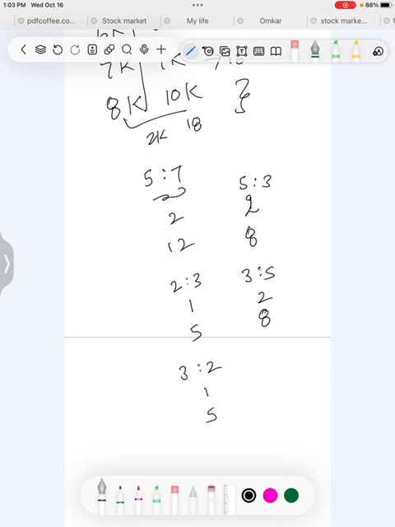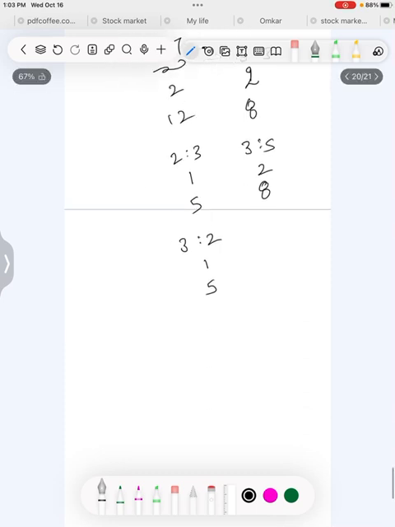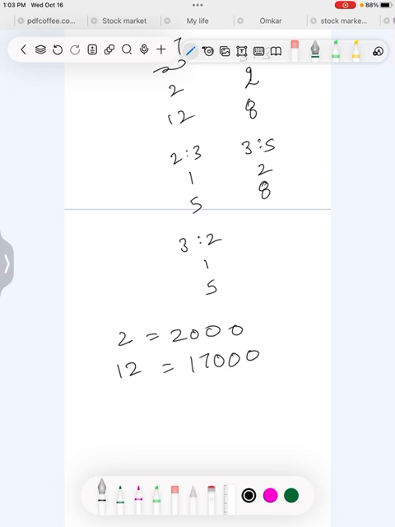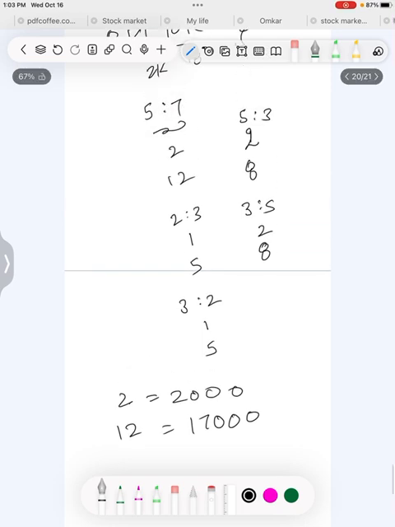Here you can see 2 is equal to 2000. 12 is equal to 17,000, obviously with some x factor.